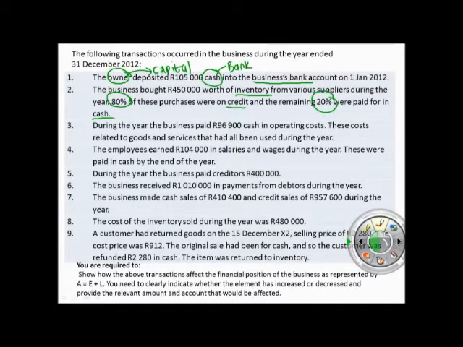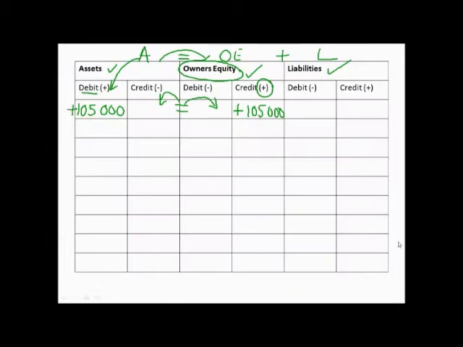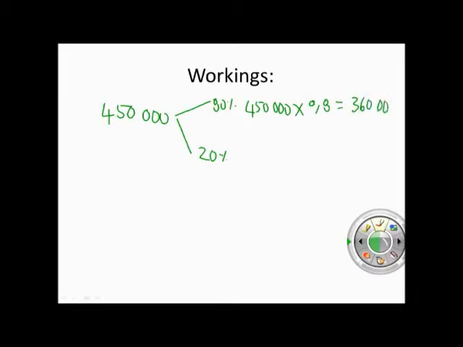Okay, so we need to perform a quick sideline calculation, and that would always need to be shown in a test situation because we want to be able to show the marker that we have given each part of the calculation. So they said to us the 450,000 Rand was split up 80% credit and 20% cash. So how do we work that out? We say, well, 450,000 times 80%, or 0.8, gives us 360,000.